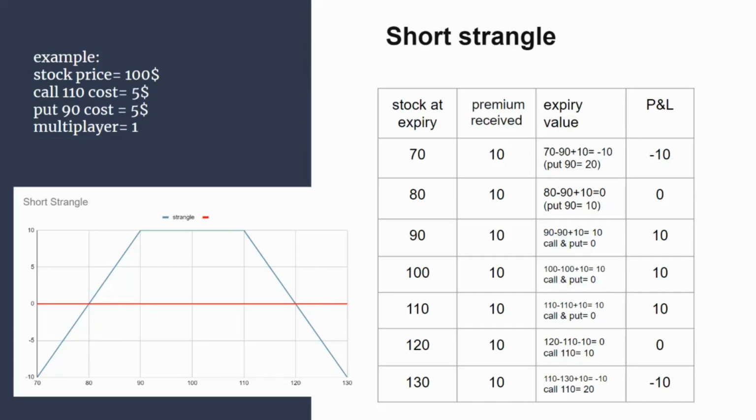Good. But if we sharpen it even more, you can see that every point between 79 and 119, we're still going to make some profit. Even at 119, we're going to make $1 profit. And at expiry at 79, or at 81, we're still going to make money.